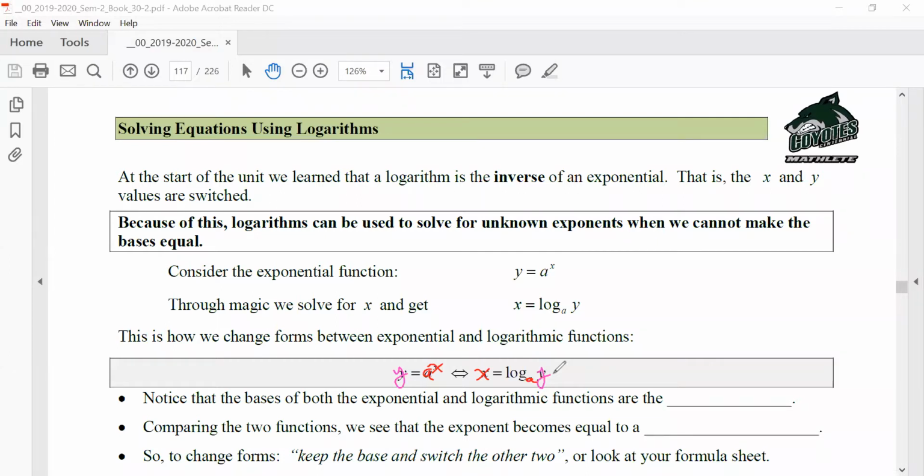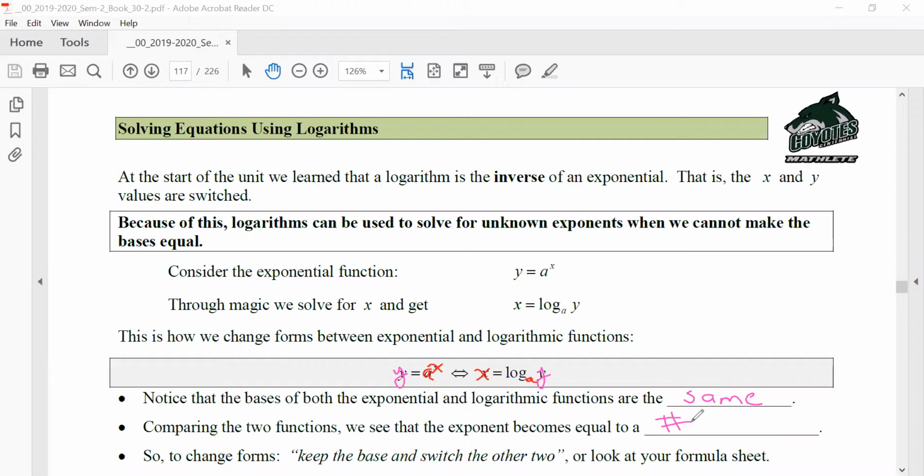The bases of both our log and our exponential functions are the same. We see the exponent becomes equal to the left-hand side, whatever we're trying to solve for. I'm just going to say it becomes equal to a number, and the x and the y values just switched.